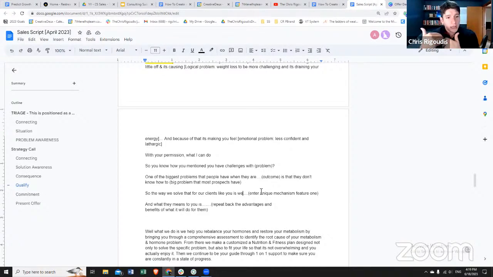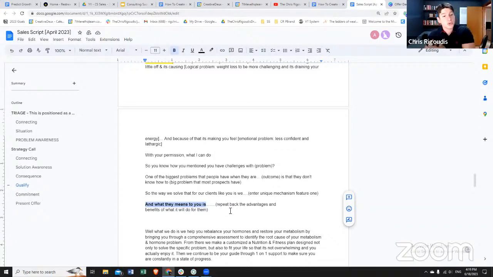The way we solve for our clients is we give you access to our weekly training metabolic fuel program. What it allows you to do is follow a diet roadmap so you can X and Y and Z." I'm not going to go too deep, that's my point. You're getting weekly training access through the portal. That's the feature.